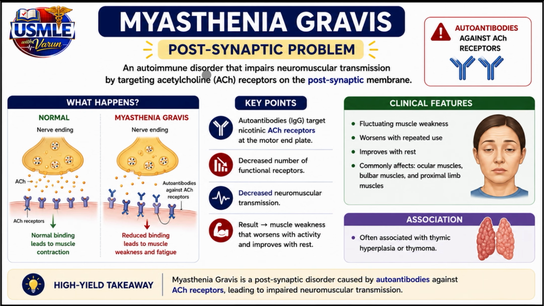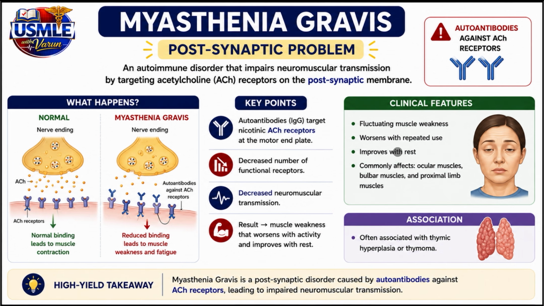This autoimmune disorder impairs neuromuscular transmission by targeting acetylcholine receptors on the postsynaptic membrane. Autoantibodies are formed against the acetylcholine receptors at the motor end plate. There is a decreased number of functional receptors, which leads to decreased neuromuscular transmission. This results in muscle weakness that worsens with activity and improves with rest.